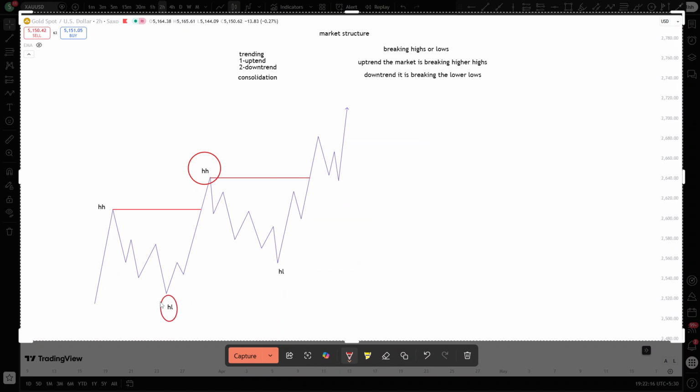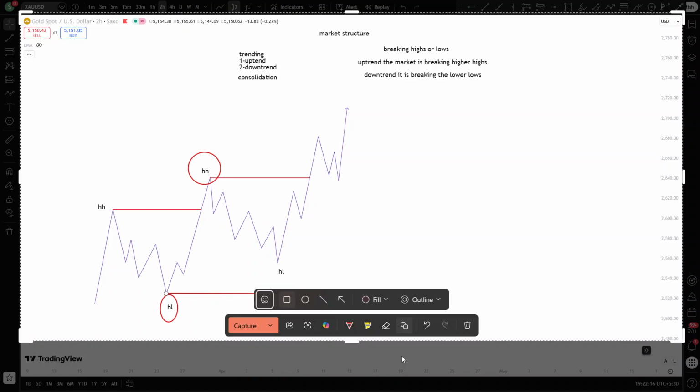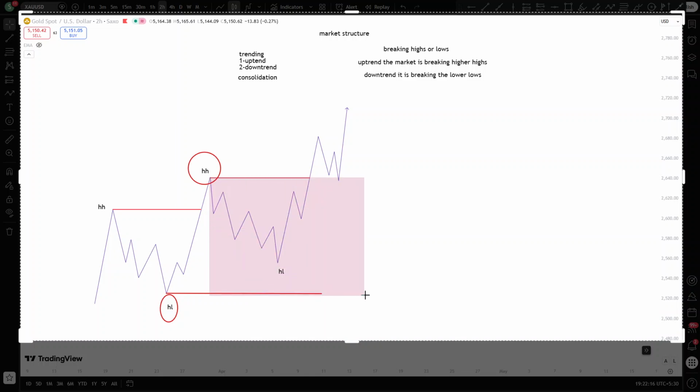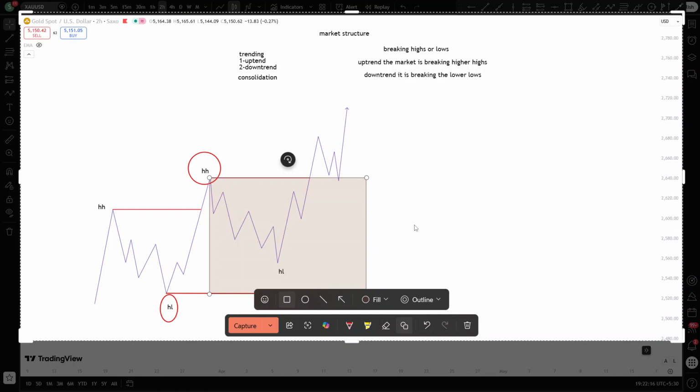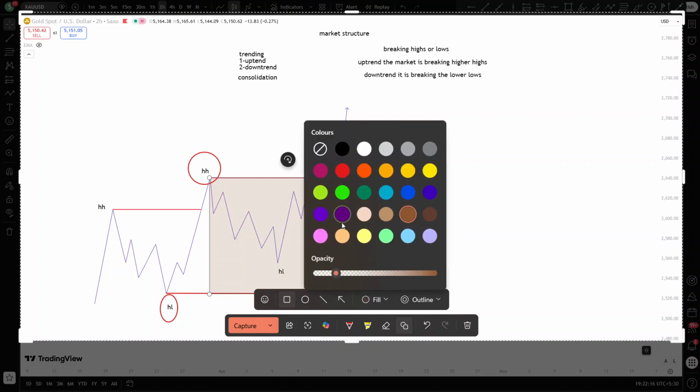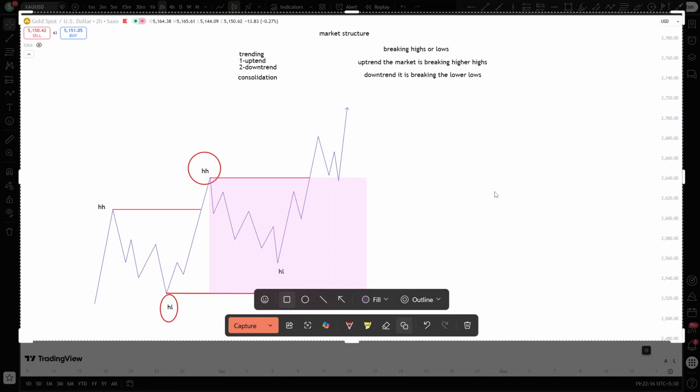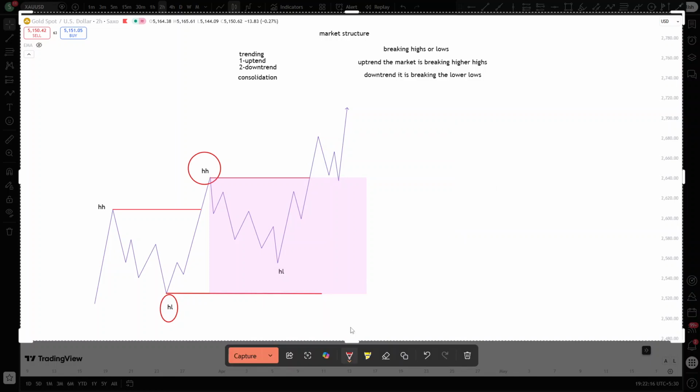So you have a higher high and a higher low, these two points. Whatever is in between these two points, whatever is inside here, is going to be considered as internal structure.